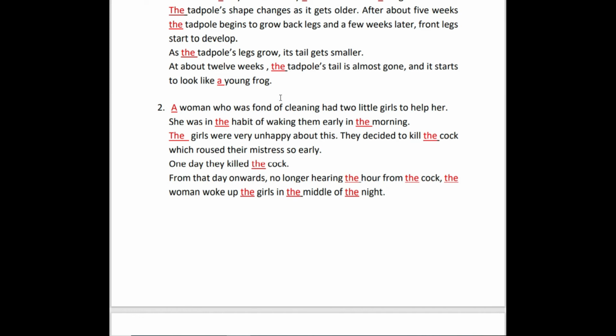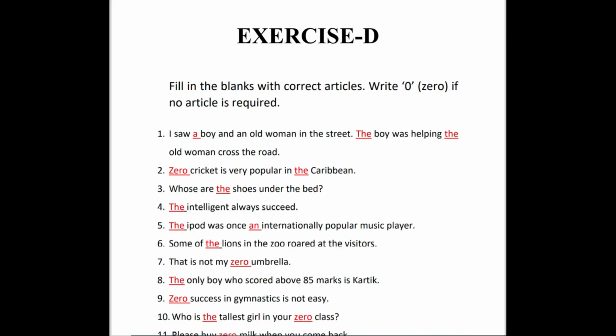The girls, because the girls are being repeated over here, so we'll be mentioning "the" in the blank, and then again the cock, the hour, the woman, the girls, the middle of the night. Except the first blank, when the woman is being introduced for the first time, we have written "a." In all the other blanks, we have written "the." Means indefinite and definite articles.